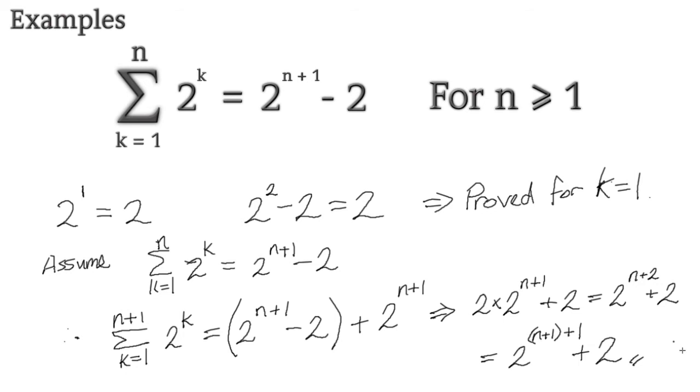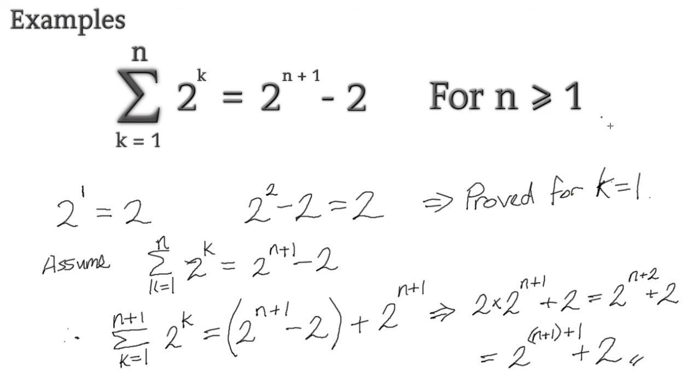So this is the first induction example. Since it works for n as 1 or k as 1, we know from this result, and you need to write this down by the way, just write down in words: since it works for k equals 1, by induction it works for any n value that is greater than or equal to 1.